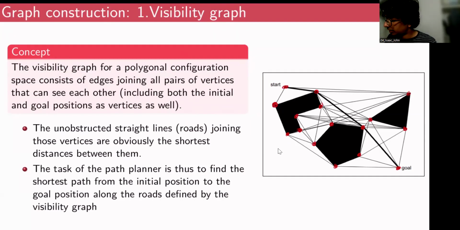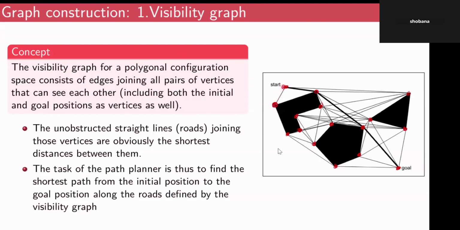to connect two vertices that can actually see each other. So what do you mean by connecting the nodes that can see each other? If this is a node and if this is a node, these two nodes are in the direct line of sight of each other, right? So these two nodes can see each other. Like if you are a person standing here, you can actually see the person standing here without any obstruction.